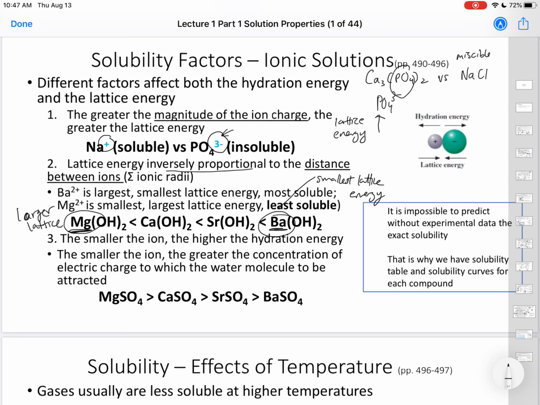The smaller the ion, the higher the hydration energy. So Mg, being the smallest, will have the largest hydration energy, and barium, the largest ion, will have the smallest.